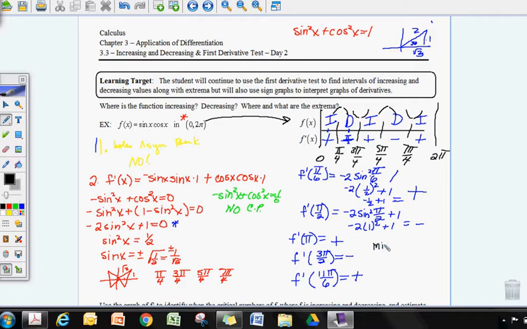My minimum values that are x's are going to be all the bottoms of the valleys. 3 pi over 4, and I think I had another one, 7 pi over 4. Where are all of my maxes going to occur? The maxes are going to occur at pi over 4 and at 5 pi over 4. Okay, so a lot of trig in that one.